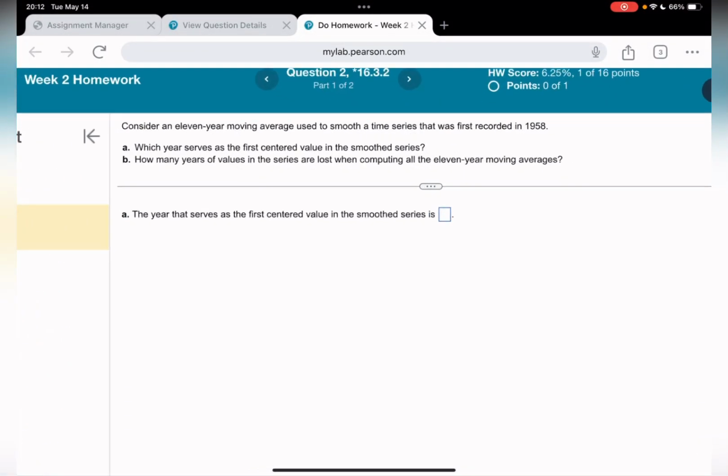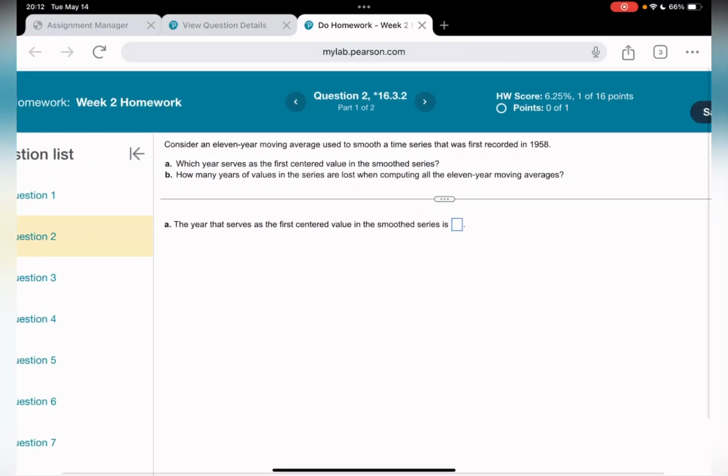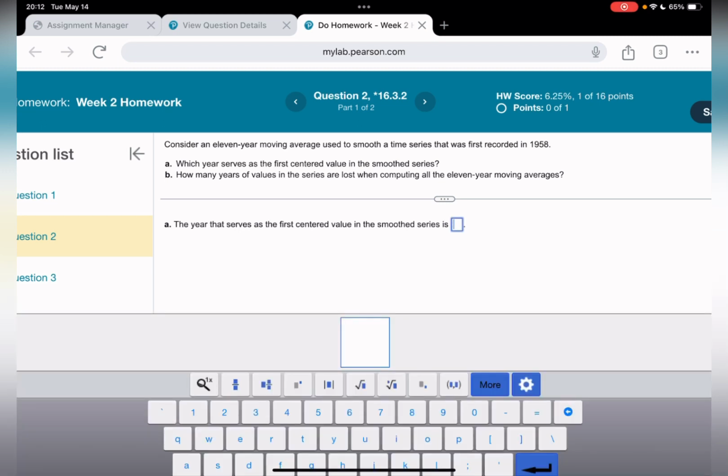Since it's going to be 6, let's count from 1958. 1958 plus 6 is going to be 1964, but if you count 58 also, it's going to come to 1963, okay? Because plus 6 is different, 58 and 6, which means you don't count 58 exactly.